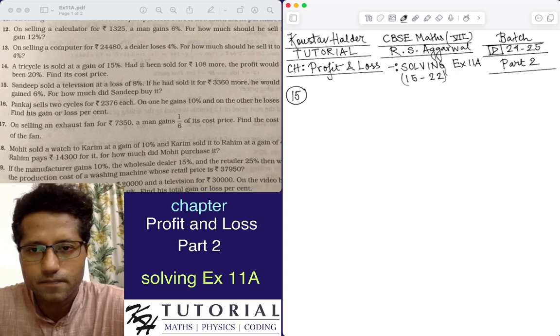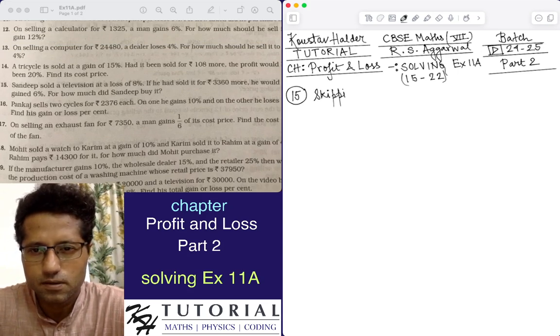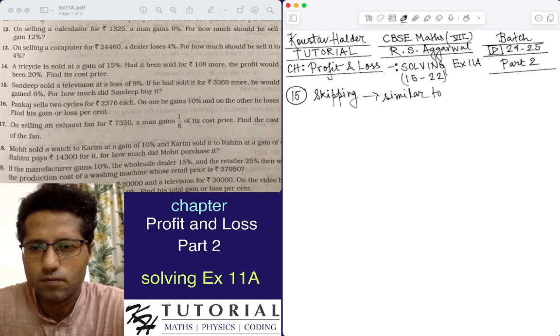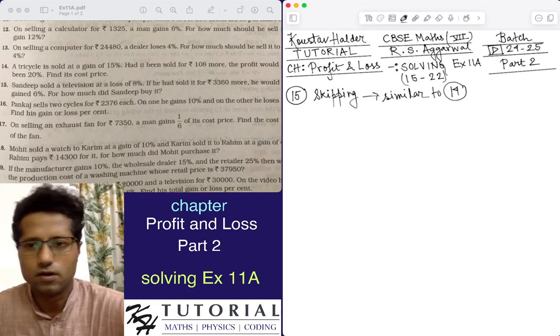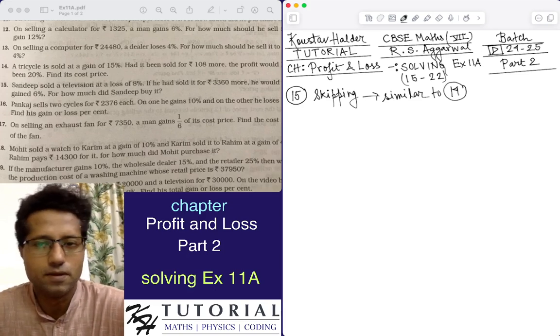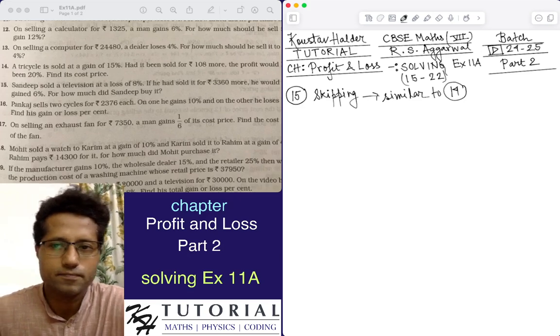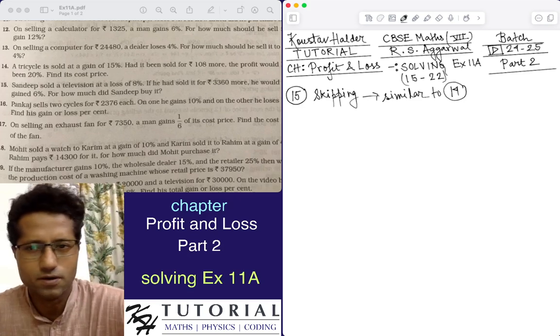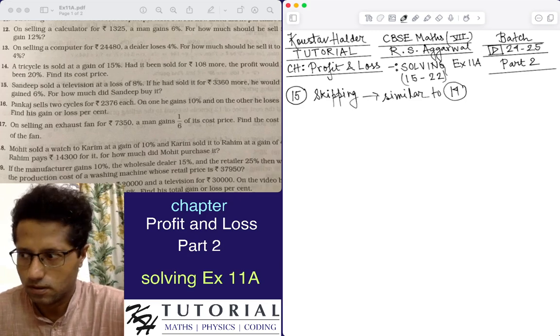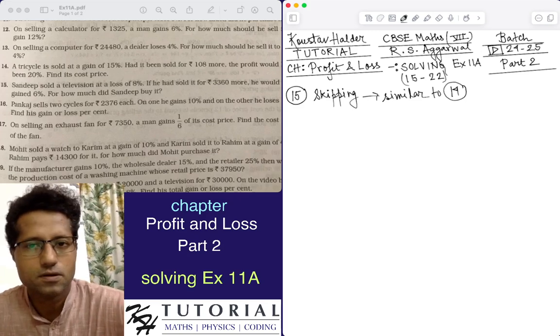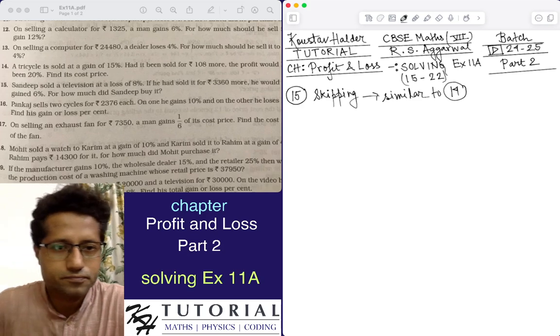So I am skipping this problem because it is similar to problem 14. If you can solve problem number 14, then you should be able to solve problem number 15. Similar problems I will skip because it makes no sense to do the same kind of problems repeatedly.